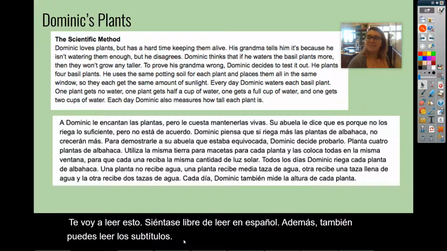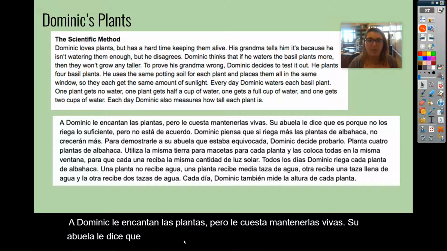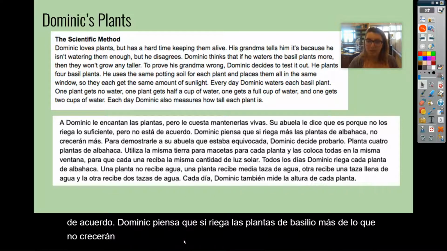All right, so this is an example of the scientific method in real life. Dominic loves plants, but has a hard time keeping them alive. His grandma tells him it's because he isn't watering them enough, but he disagrees. Dominic thinks that if he waters the basil plants more, then they won't grow any taller. To prove his grandma wrong, Dominic decides to test it out.